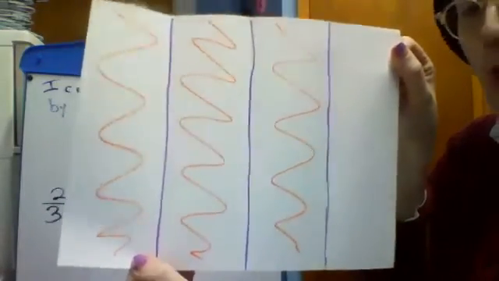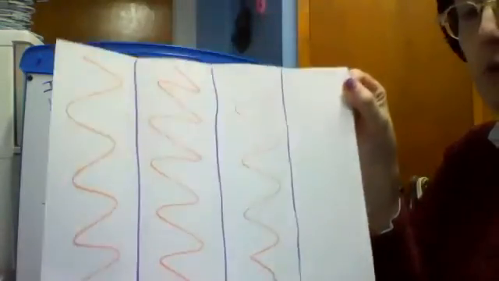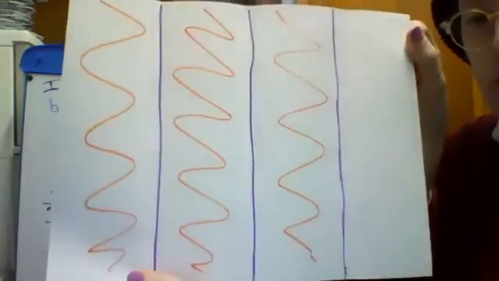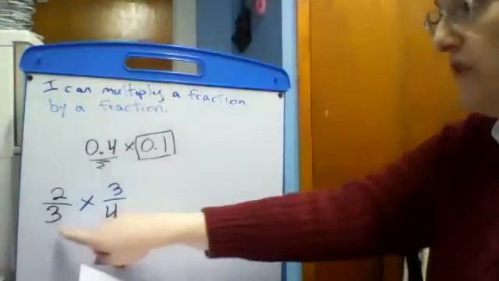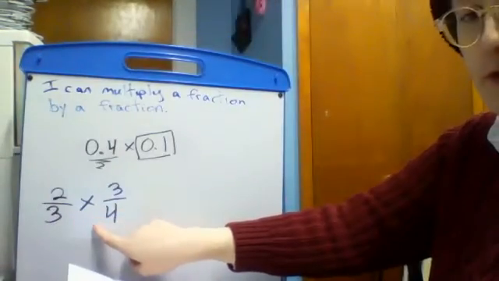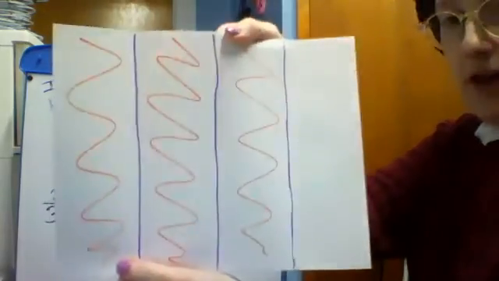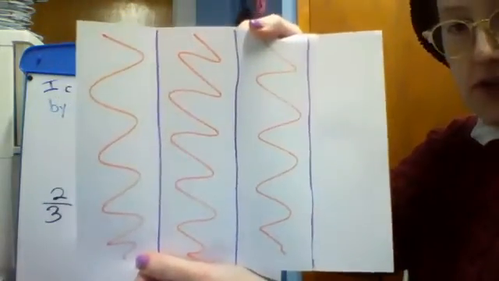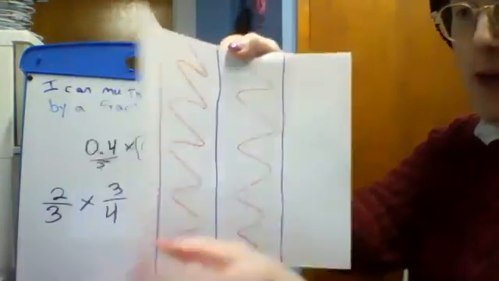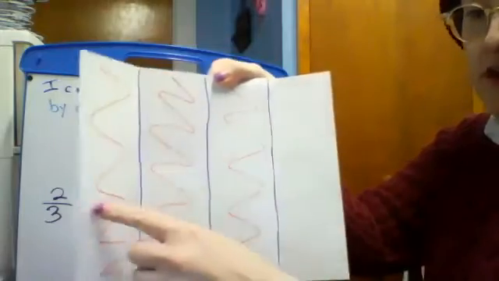But now I don't want the whole 3/4. If I was doing 1 times 3/4, it would be the whole 3/4. But I don't want 1, I want 2/3 of 3/4. So I'm going to take my 3/4 and break them up into thirds. How would I do that? I'm going to divide it horizontally now.